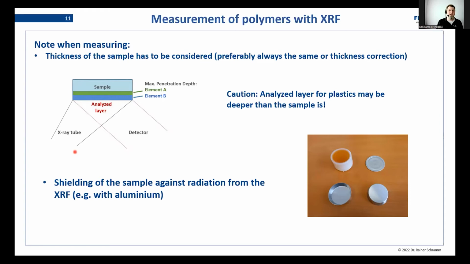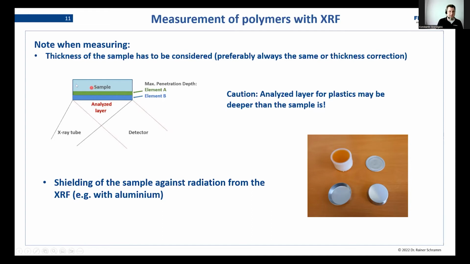The first thing is that if we look at our sample, we have to think about the thickness of our samples. You see, when we have our X-ray exciting the sample, what we are actually measuring in XRF is the fluorescence coming from the sample at an angle. So the analyzed layer for different elements changes depending on the composition of the sample and the actual fluorescence line that we are measuring.